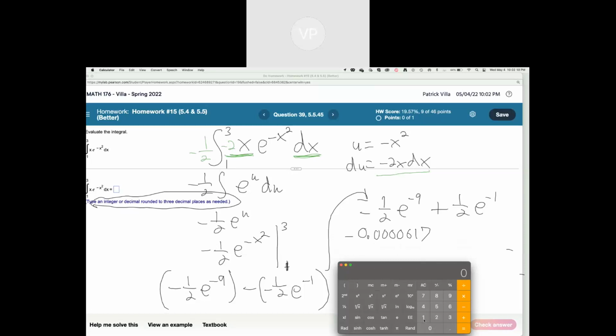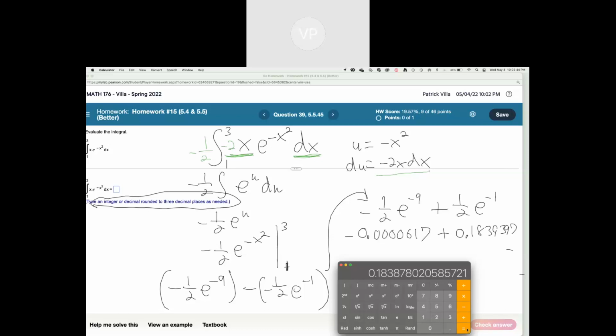On the other one, same thing. Let's find negative e to the negative 1. We get that. Divide that by 2. And this is going to be a positive, so we have this positive 0.1839397. So all I have to do is just take that answer, subtract what I already found, 0.0000617.